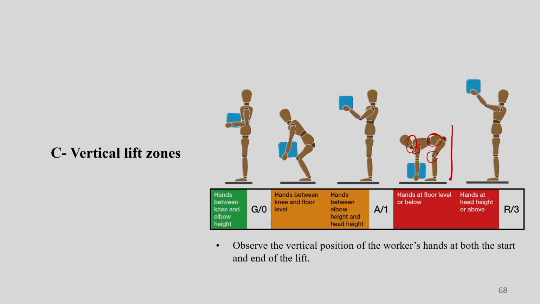So this is a very risky activity, which is why it is R, or red zone. And hands at head height or above your head, where you are working somewhere here. In those cases you can assign red, and the numerical value is 3. So you understand. You have the charts with you, and accordingly you should tick them.